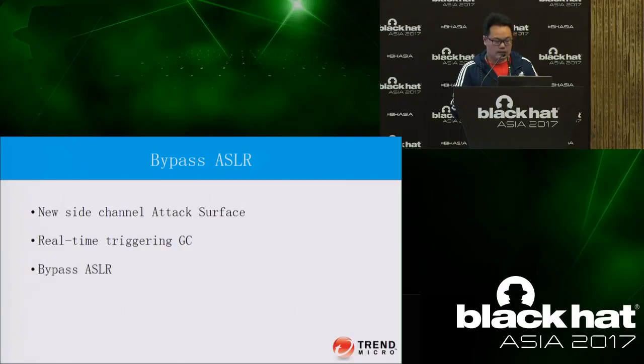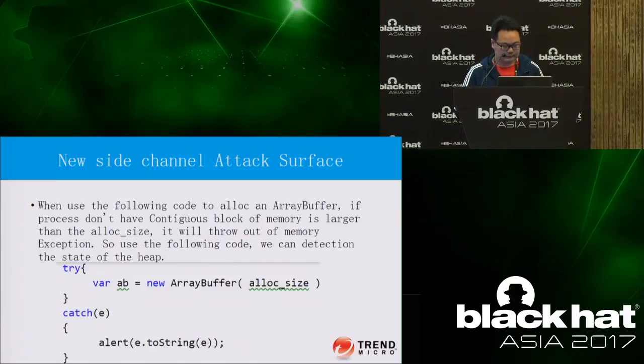In the next part, I will introduce how to overcome Microsoft's improvements and bypass address space layout randomization. First, I will introduce a new side channel attack surface. Second, I will introduce a real-time tracking GC method. Then, using this method, we can bypass ASLR.